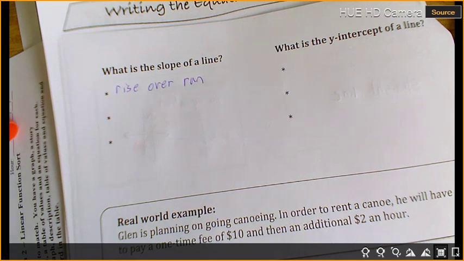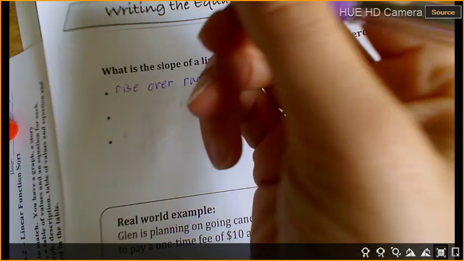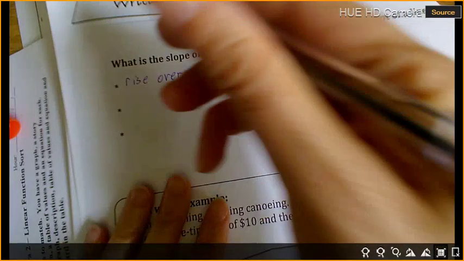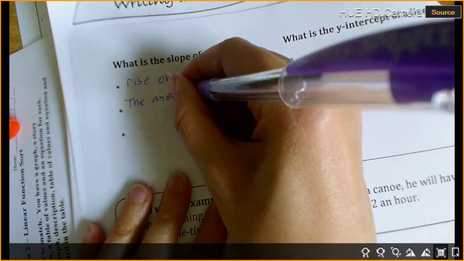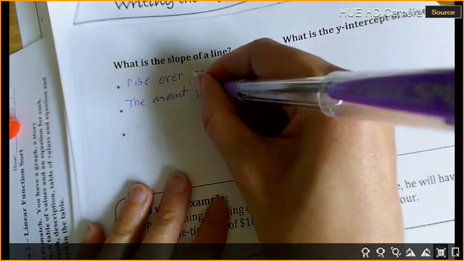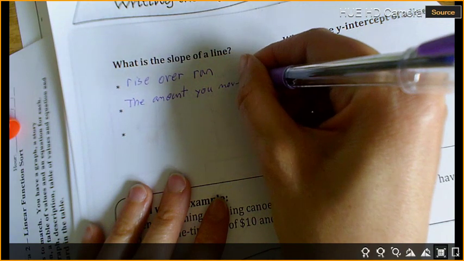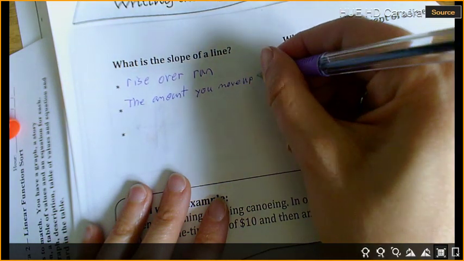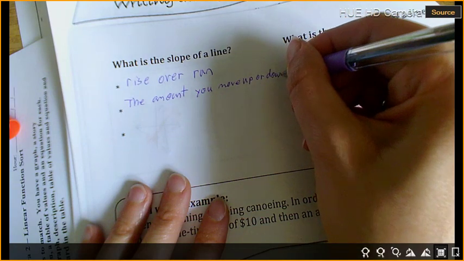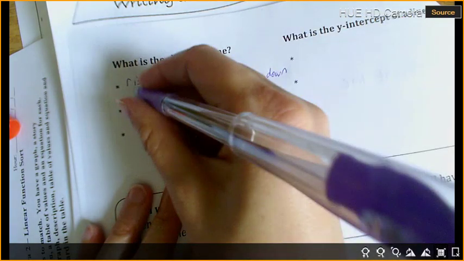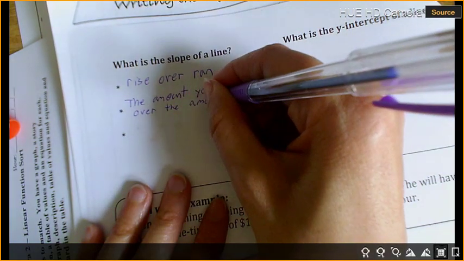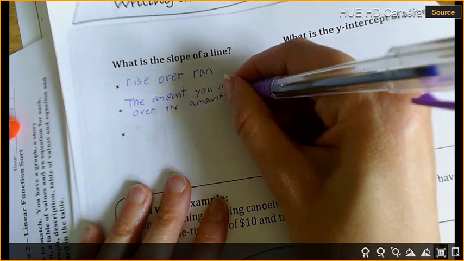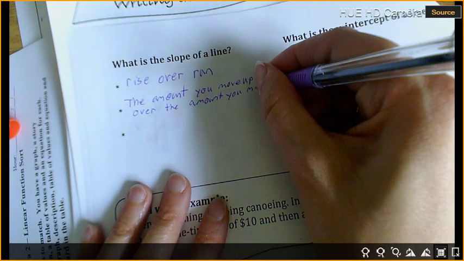What other thing can we say about slope? I have a little description that I wrote. Let's see if this makes sense to you guys. The amount you move up or down over the amount you move right or left.